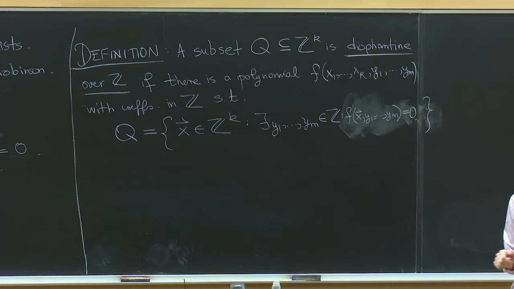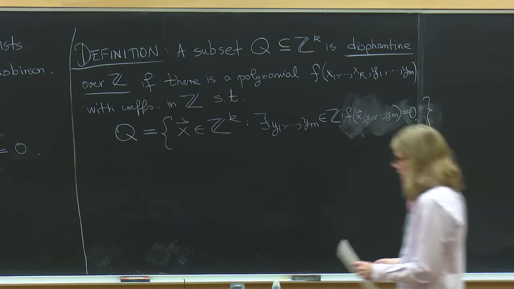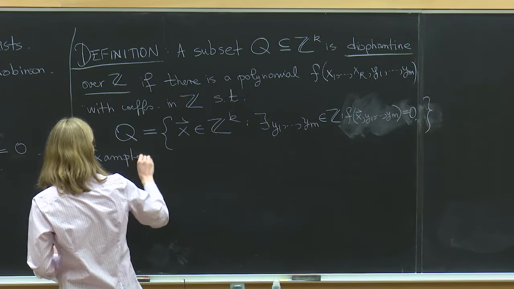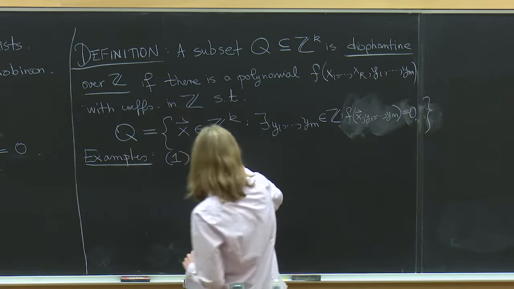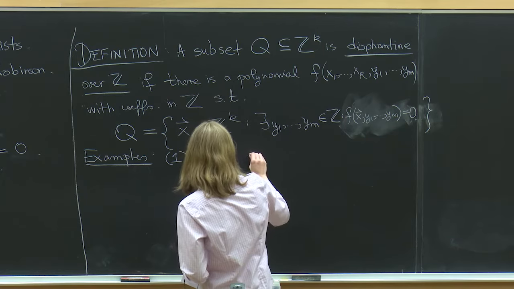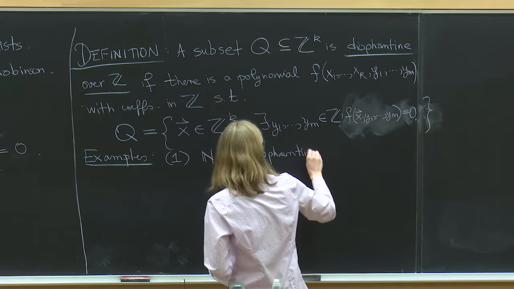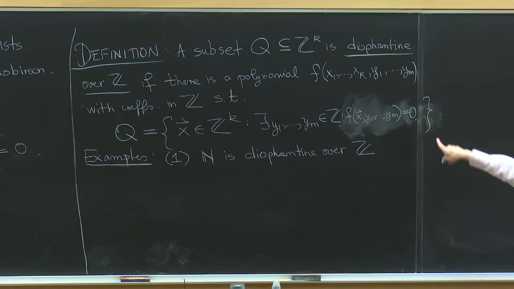Let me just give one example of such a Diophantine set. The standard example that's always being used is that the natural numbers are Diophantine over the integers. That means we want to find some polynomial equation that describes what it means to be a natural number. And then we just remember Lagrange's 4-square theorem.